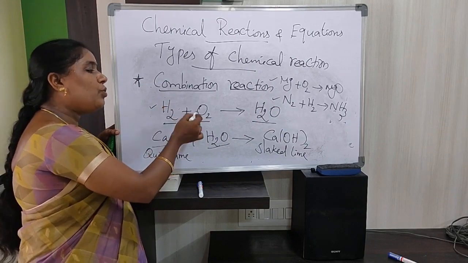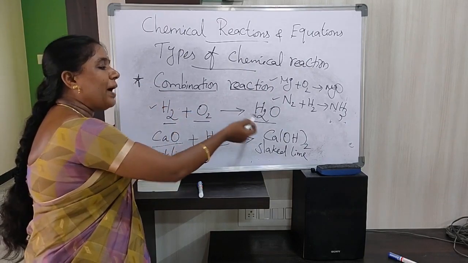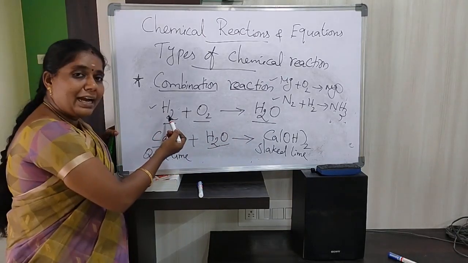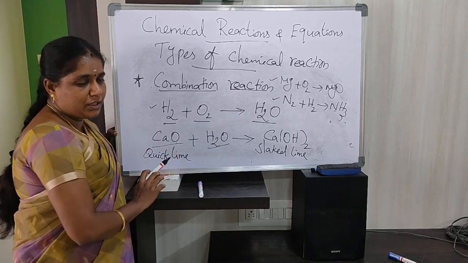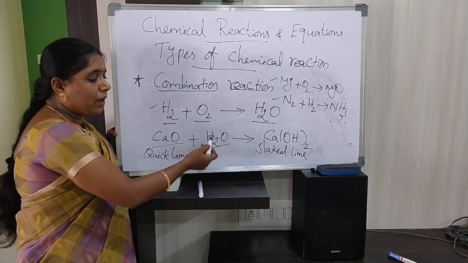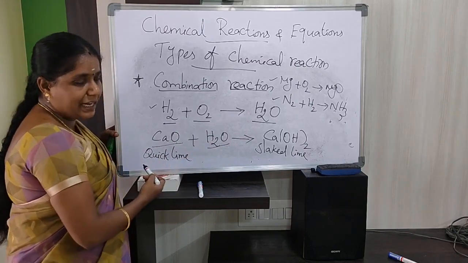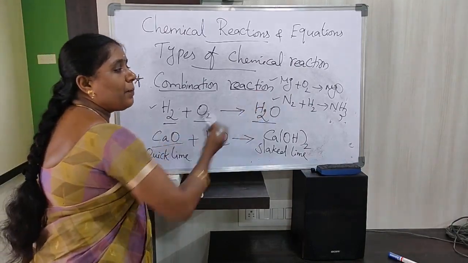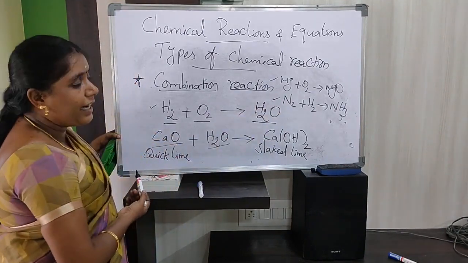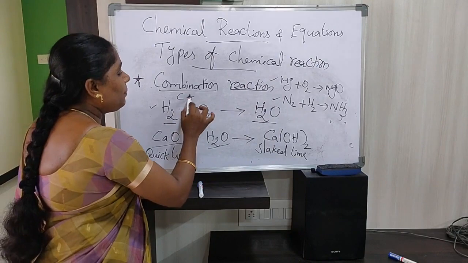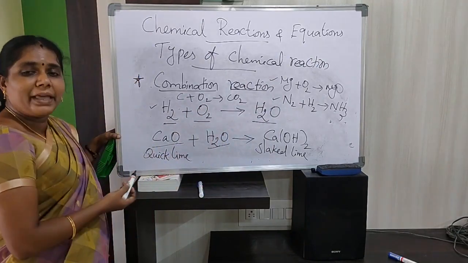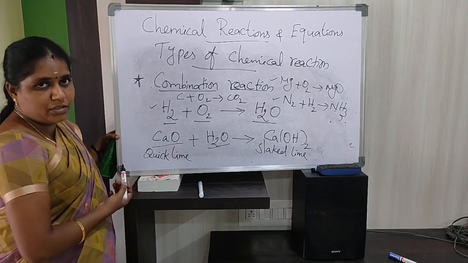Two or more reactants combine to form a single product. Hydrogen combines with oxygen to form water, calcium oxide (quicklime) reacts with water to form slaked lime, magnesium combines with oxygen to form magnesium oxide, nitrogen combines with hydrogen to form ammonia, and carbon burns in air to form carbon dioxide. These are some examples of combination reactions.